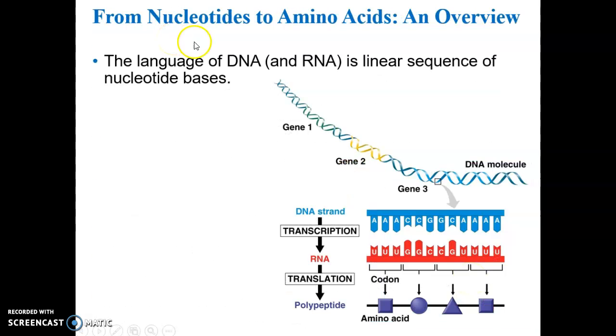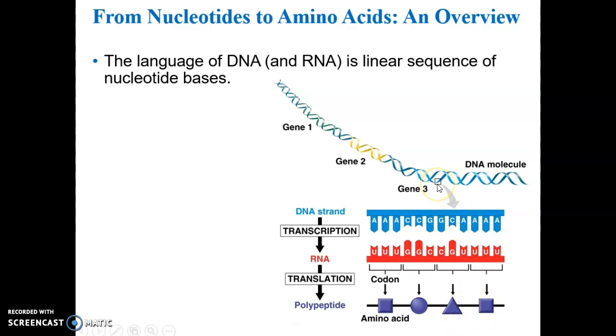So the language of DNA and RNA is the linear sequence of nucleotide bases. Here we zoom into one region of a gene, and we see that one strand of the gene, only one strand, gets coded, by the way, to produce the mRNA molecule that will produce the polypeptide or the protein. We'll get into those details.